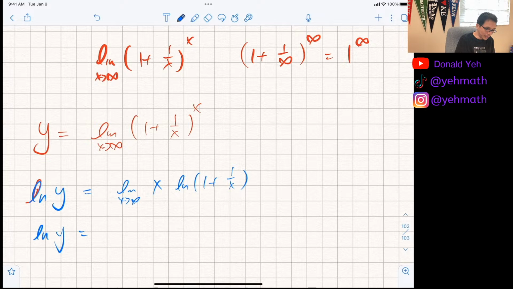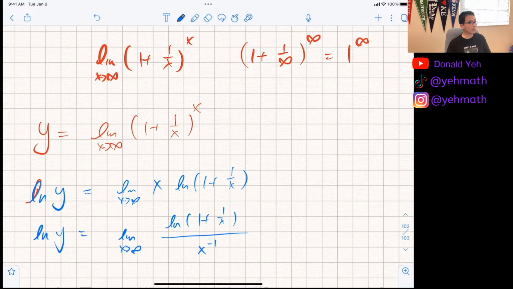Here we're going to say the limit of ln of 1 plus 1 over x, and the x becomes x to the negative 1. Why? We switch it to the bottom and make it a negative 1 power. This is the first time we've ever done that algebraically, because we usually move to the top to take a derivative. But now we move to the bottom so we can set it up as a fraction.